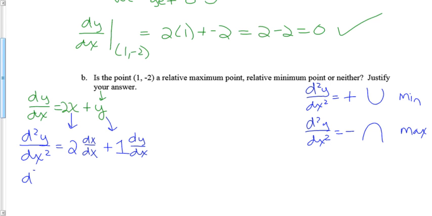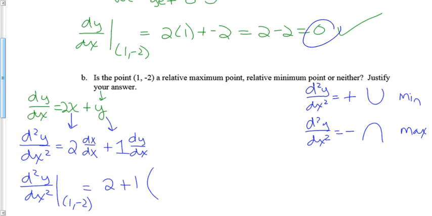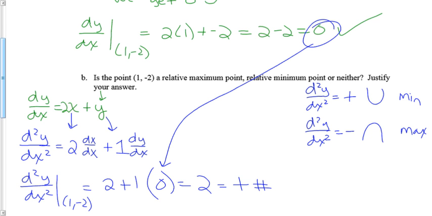What is the sign of my second derivative at (1, negative 2)? That's going to be 2 plus 1 times dy/dx at (1, negative 2). I already found dy/dx at (1, negative 2), and it's 0. Which means my second derivative is 2, which is a positive number.